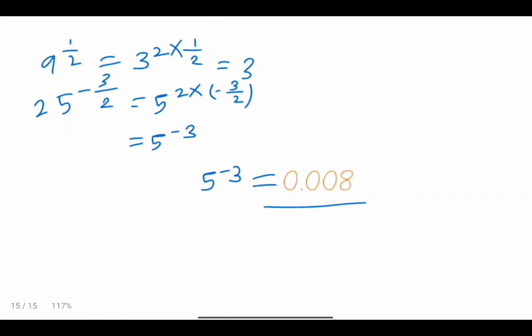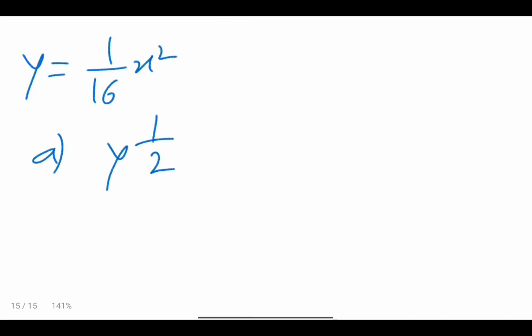Next, we have another interesting question. Our job is to put values of y in this and express it in the form of this, where both k and n are constants.